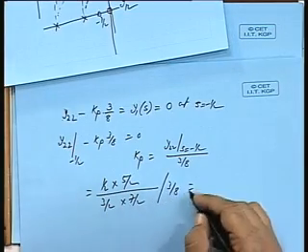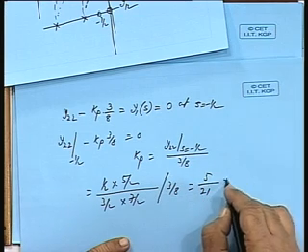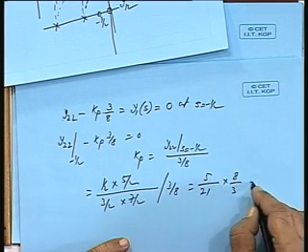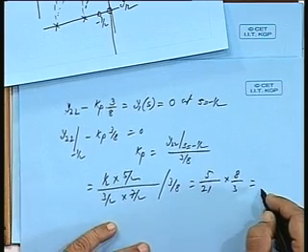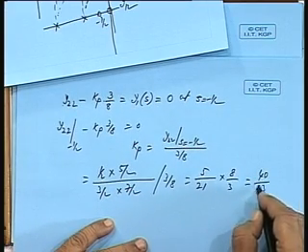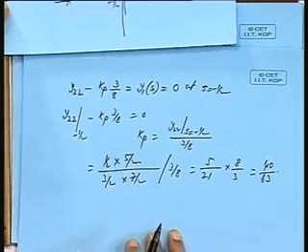So, 2 goes. So, 5 by 21 into 8 by 3. How come you are getting 40 by 63? This is kp.